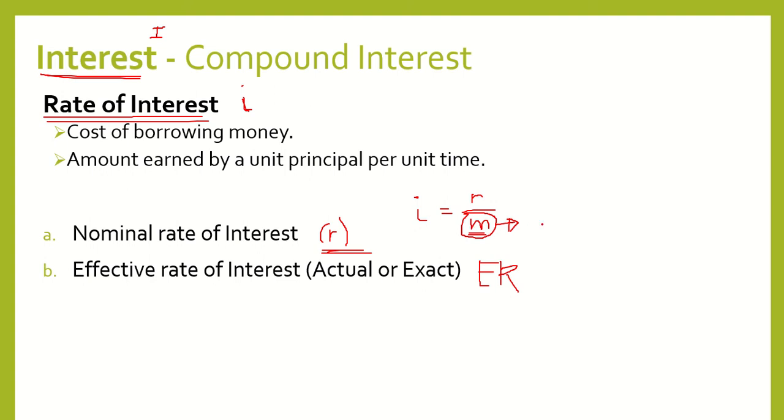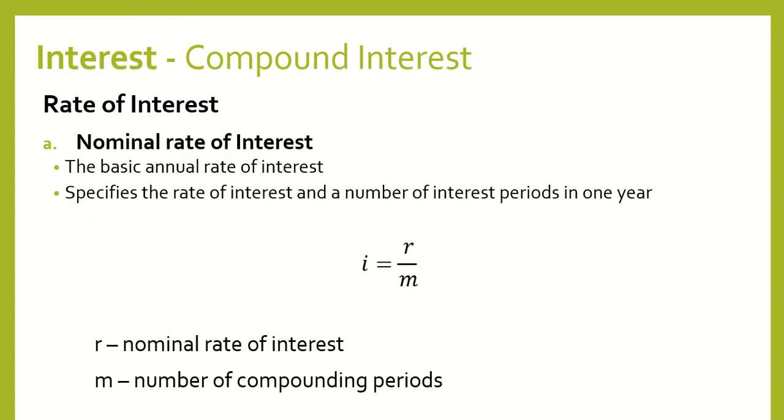Since there are 4 quarters in a year, every 3 months an interest will be placed on the amount borrowed, so your M would be equal to 4. If we have the term semi-annually, which means every 6 months, twice a year, an interest will be placed on the borrowed amount.